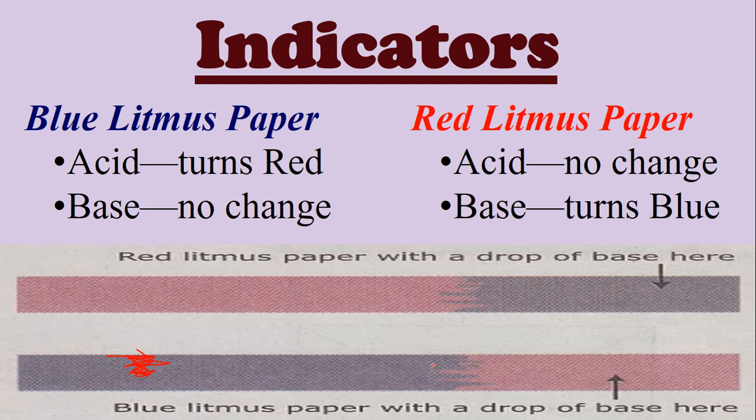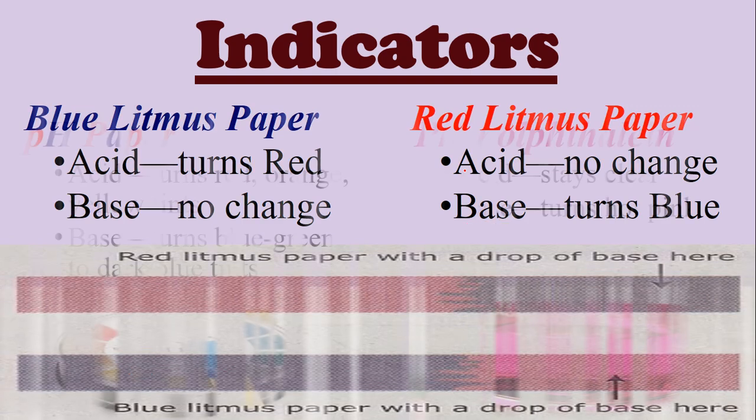If the blue litmus paper changes to red, then it's an acid. But if there's no change, it's most likely a base, but it could be a salt or water. Red litmus paper is a piece of red paper, and you dip it in the solution. If it changes from red to blue, then it's a base. If there is no change, it's usually an acid, or it could be water, or it could be salt. It's just not a base.